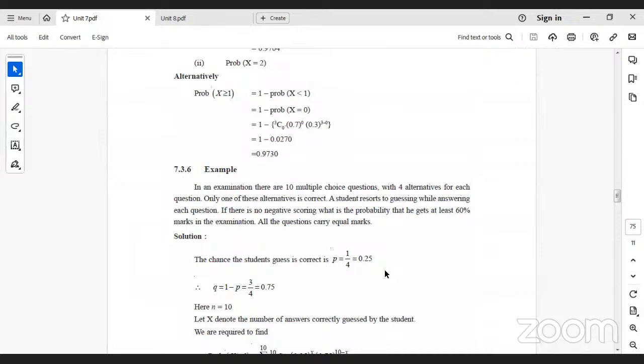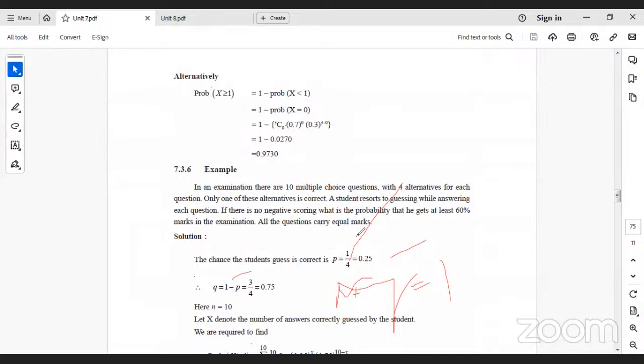They are giving the chance of the student's answer being correct, p is equal to 1 by 4, which is 0.25. We know p plus q is equal to 1, so q is equal to 1 minus p.